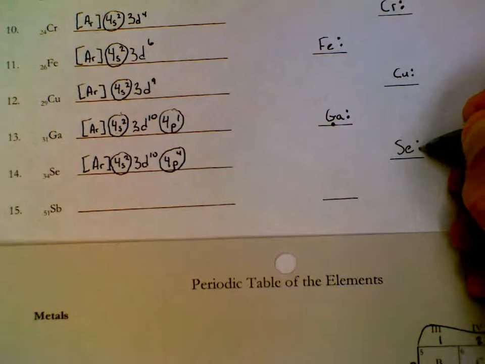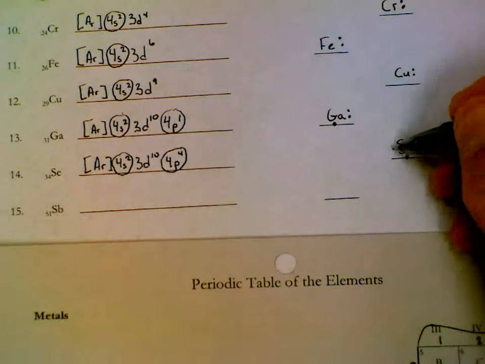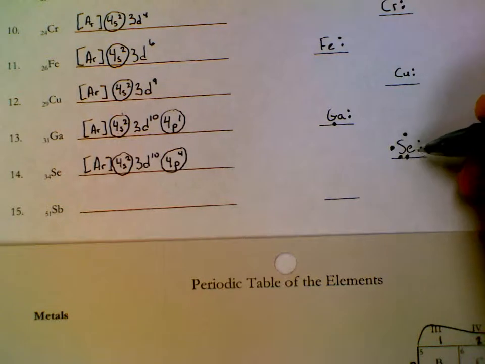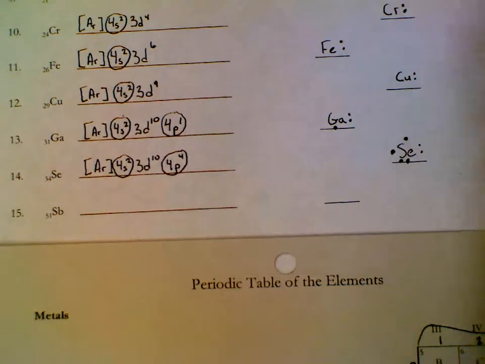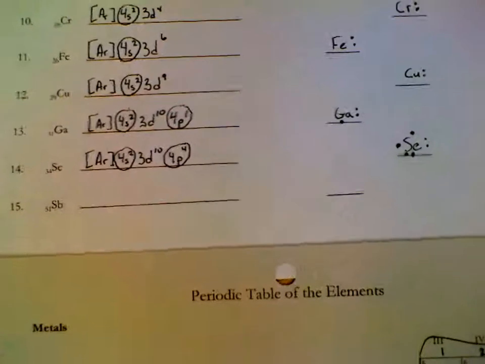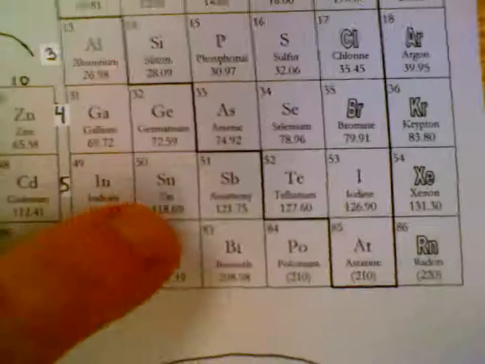Selenium has 2 s electrons, and then it has 4 p electrons. 1, 2, 3, 4. This 4th dot could have gone on any of those sides, it doesn't matter, top, left, or bottom.